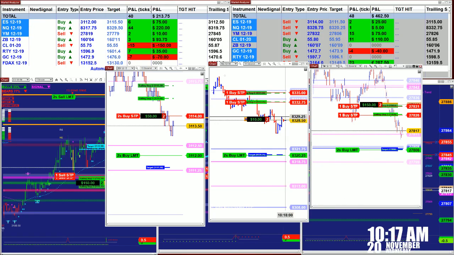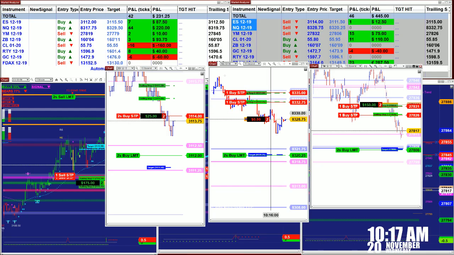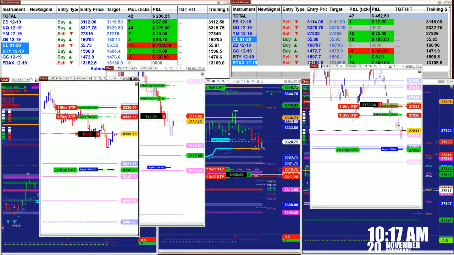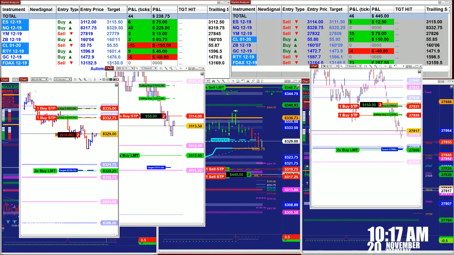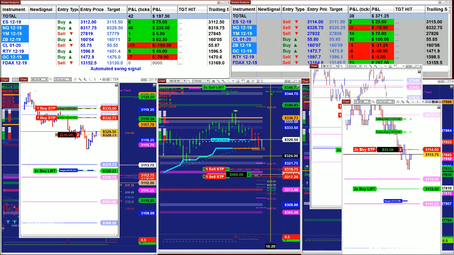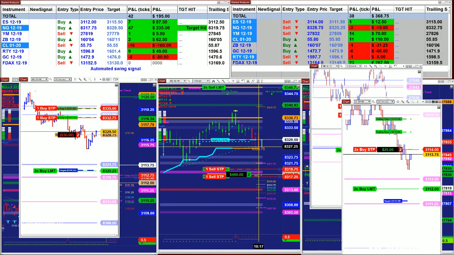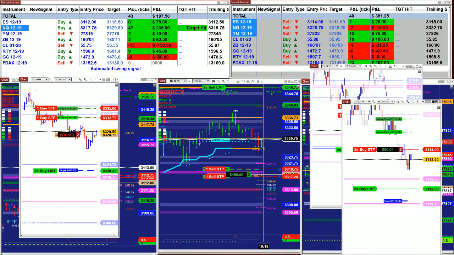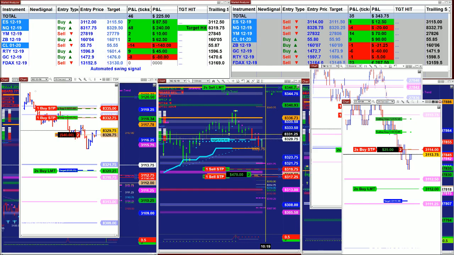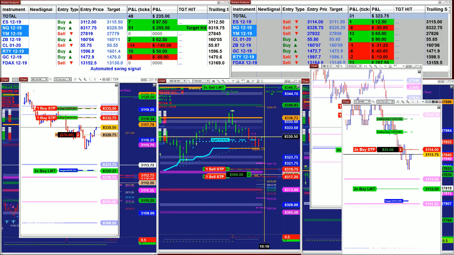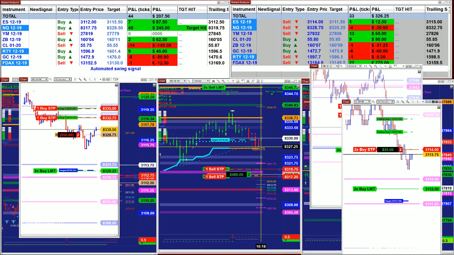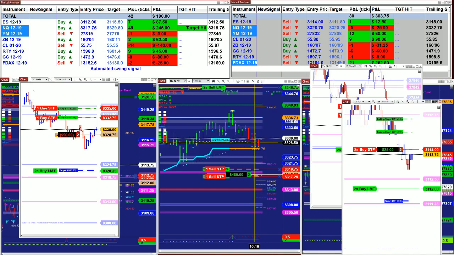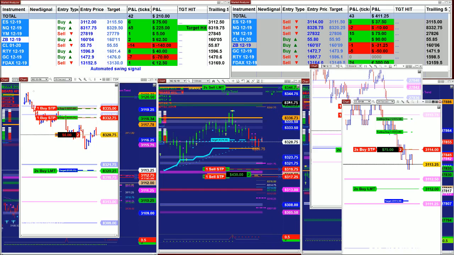Now the only trouble we have is the Nasdaq, and we know why, because as I said, this is a re-entry point in this area here. Everything I say is here, and you can watch the video again. This is a re-entry point on the Nasdaq.